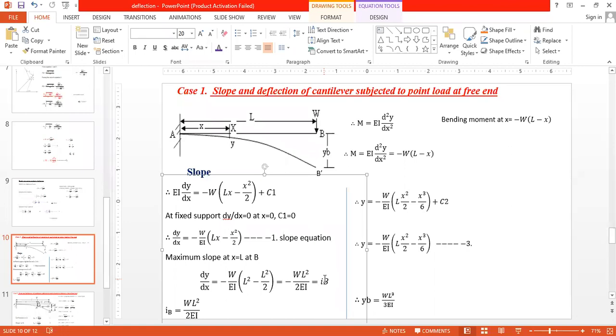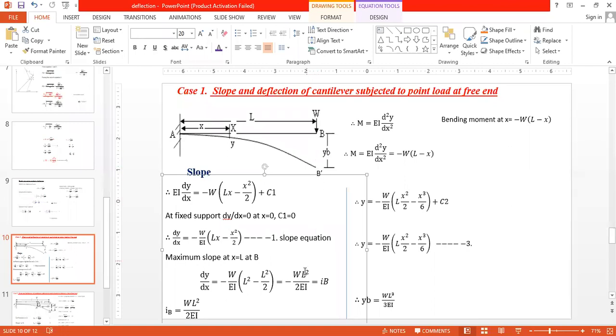That is, the slope at B is equal to minus WL square divided by 2EI. Why are we getting a negative sign here? Because the direction of slope is downward.